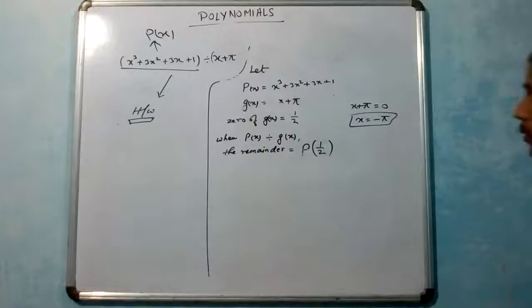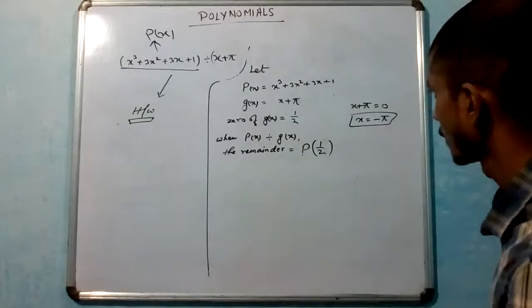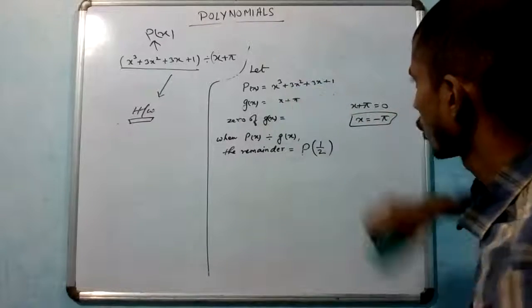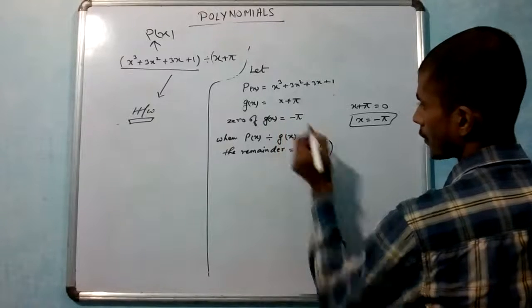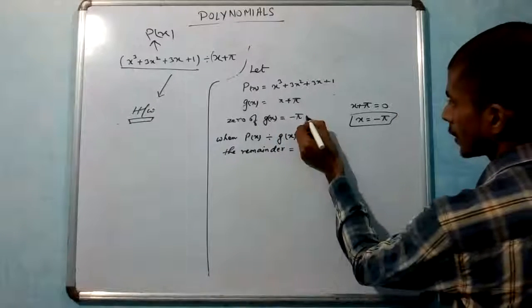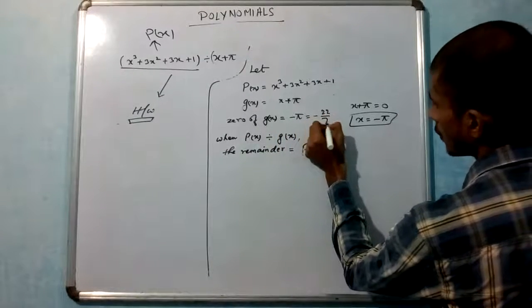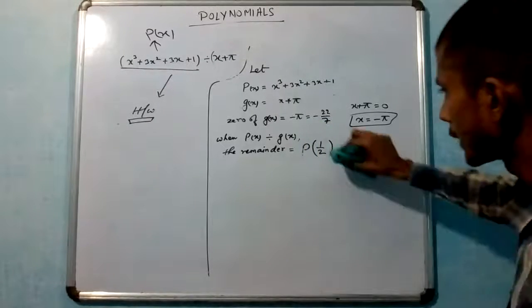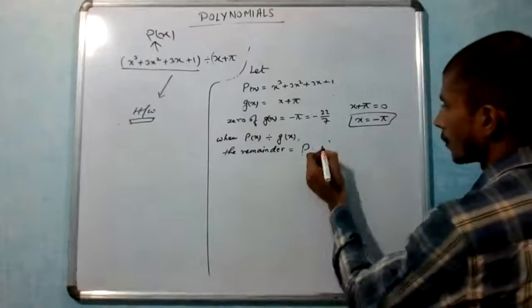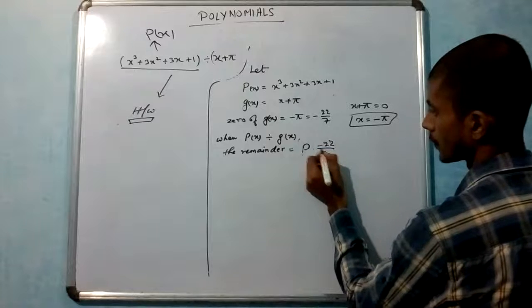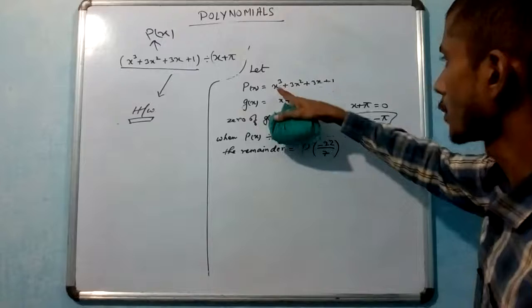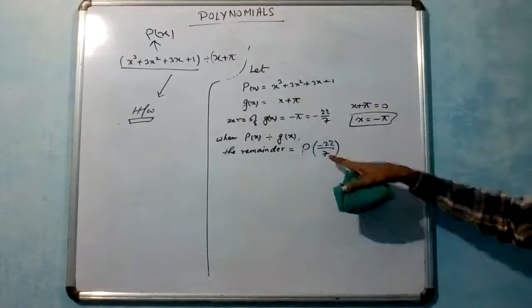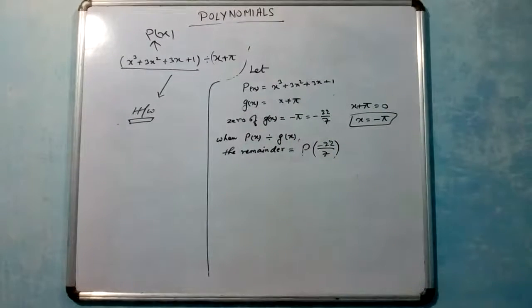So the 0 of gx is minus pi, and minus pi is nothing but minus 22 by 7. And that's what we have to find here: p of minus 22 by 7. It will be a little lengthy, but in place of x, we have to replace the x by minus 22 by 7 and solve.